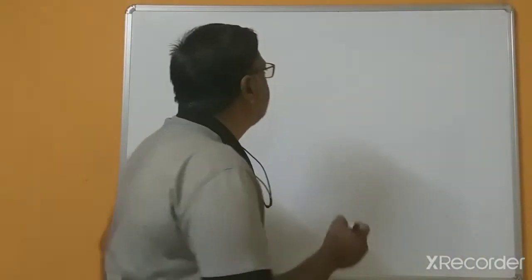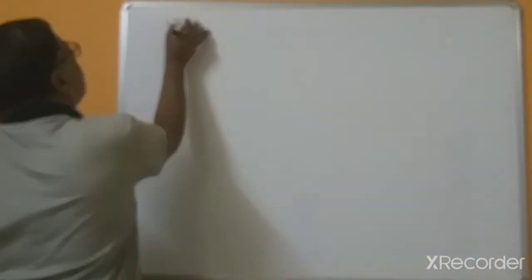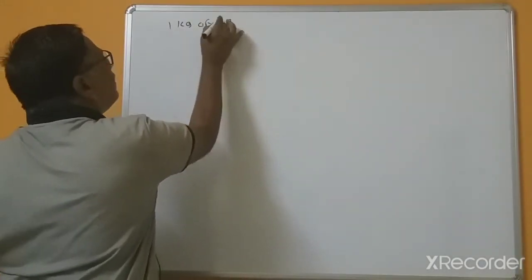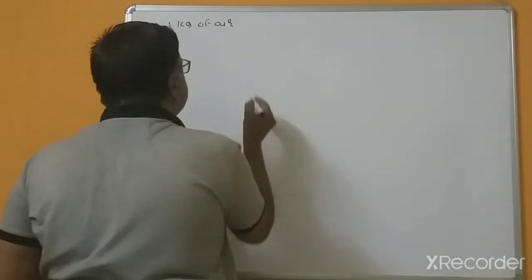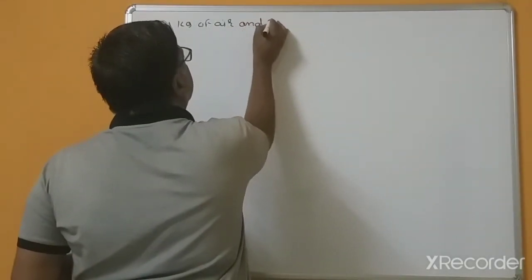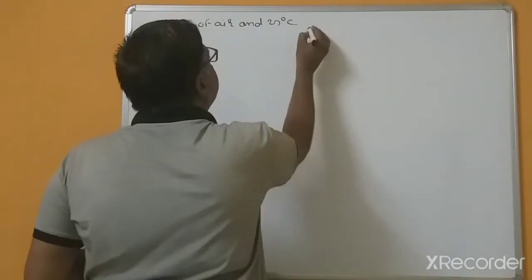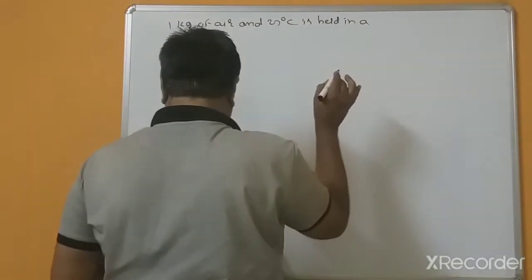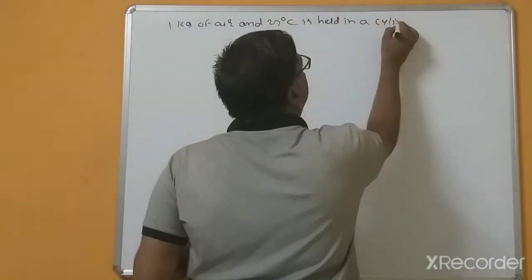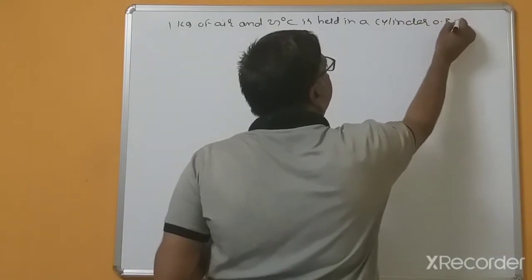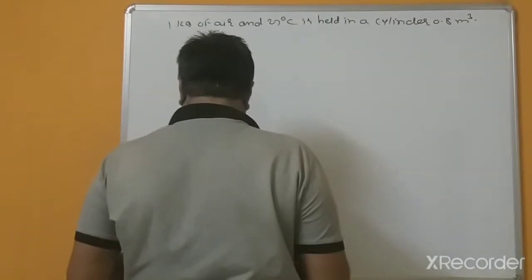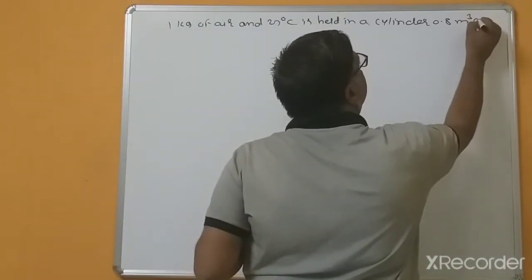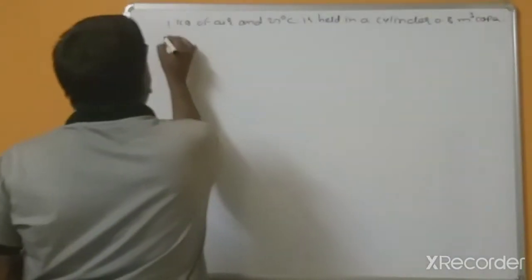1 kg of air at 27 degrees centigrade is held in a cylinder of 0.8 meter cube volume capacity.